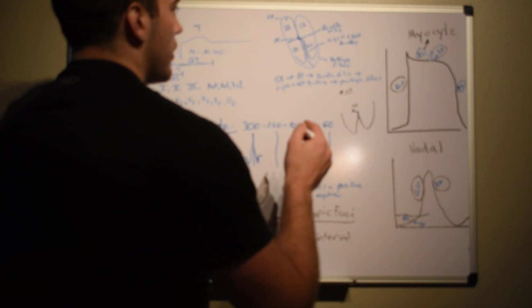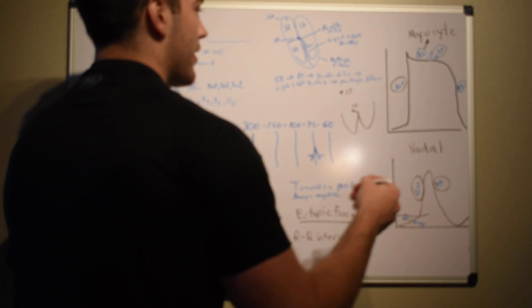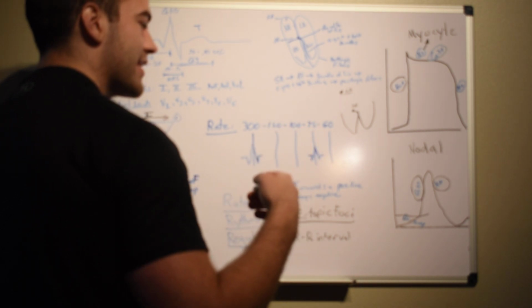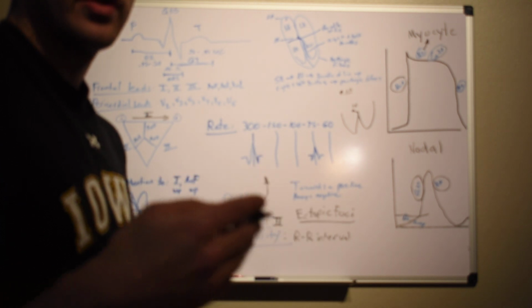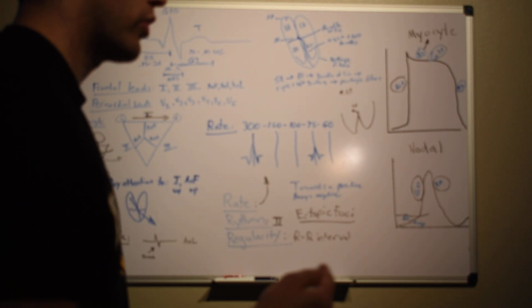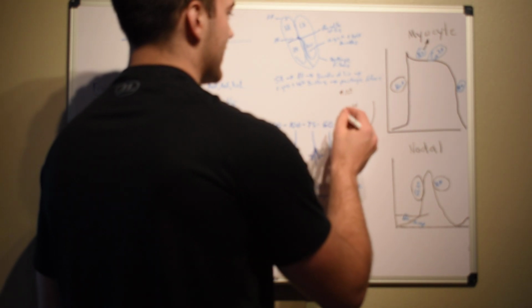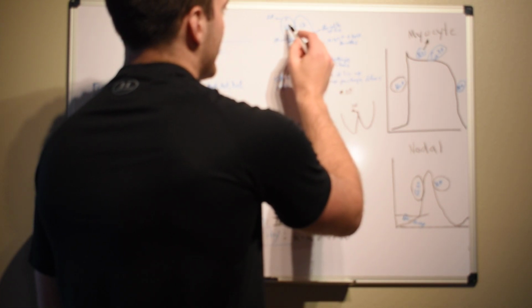So this usually sends out 60 to 100 impulses a minute. That's why we get the normal resting heart rate of 60 to 100, because the SA node sets it. So that's up in the right atrium.